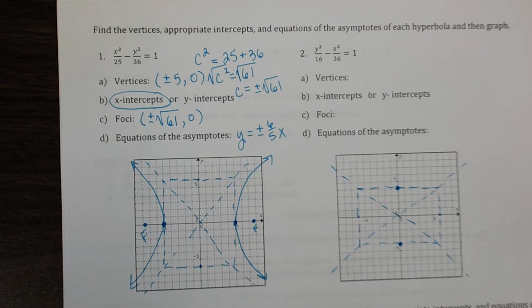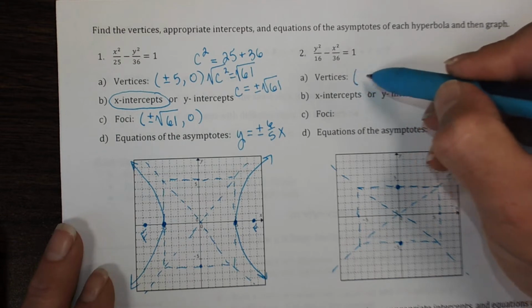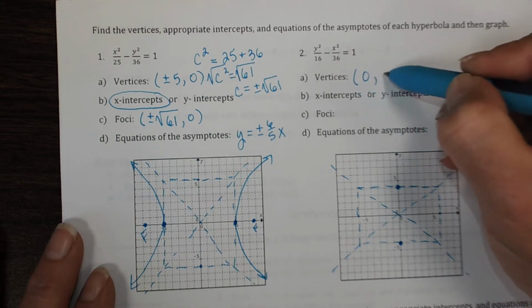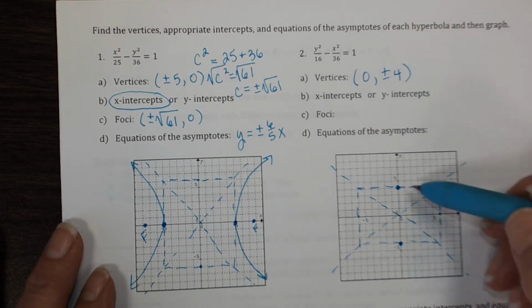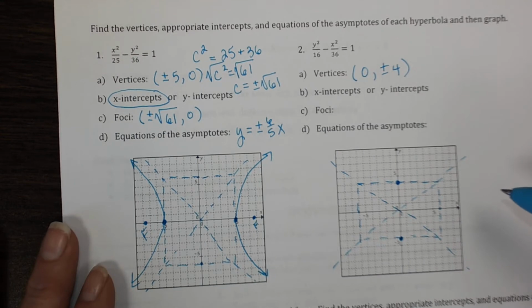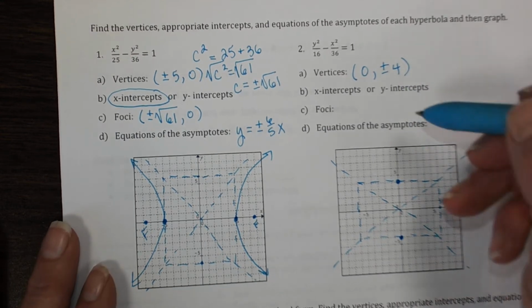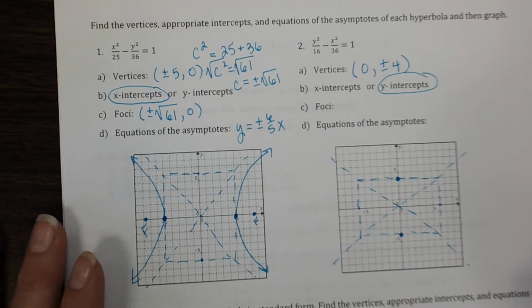Okay, and so we can go ahead and write our vertices. This time we have vertices at 0 plus or minus 4. And again, notice that these are y points, so I made sure and put the point in the y spot. And then here we have y-intercepts and no x-intercepts.